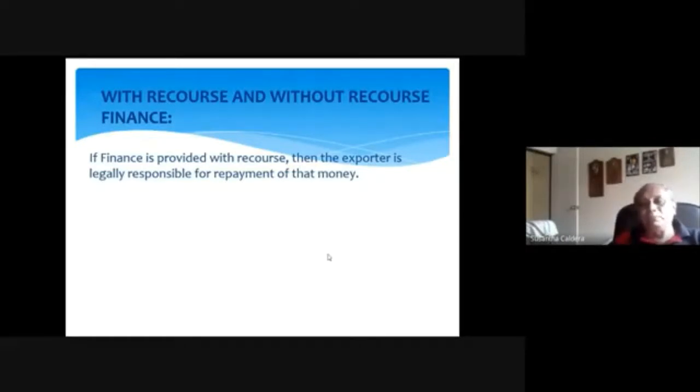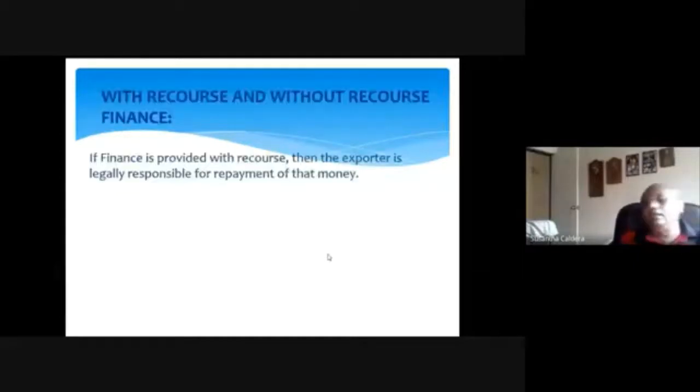If finance is provided with recourse, then the exporter is legally responsible for repayment of that money. If finance is provided with recourse to the exporter, then the exporter is legally responsible for payment of that money. Right?